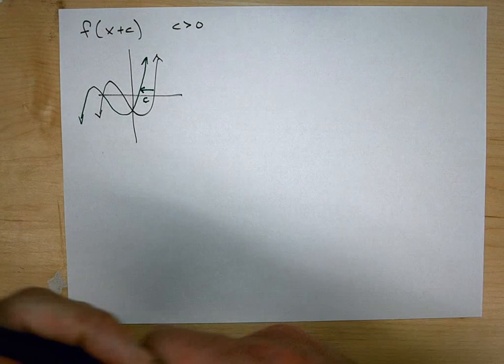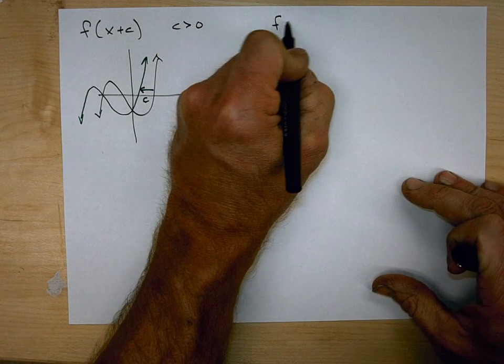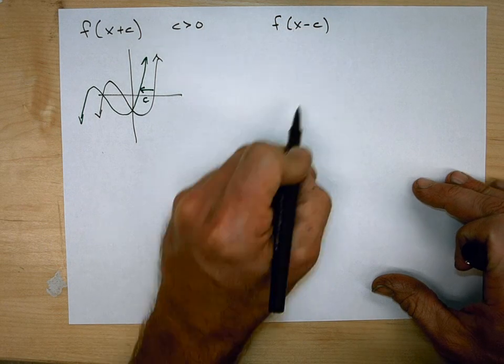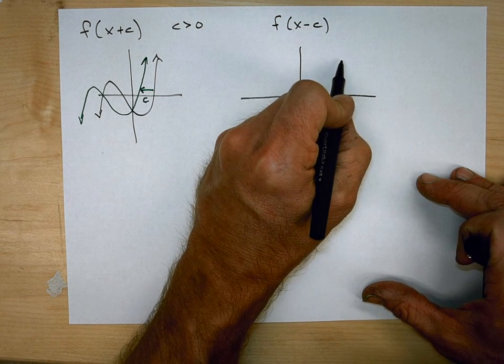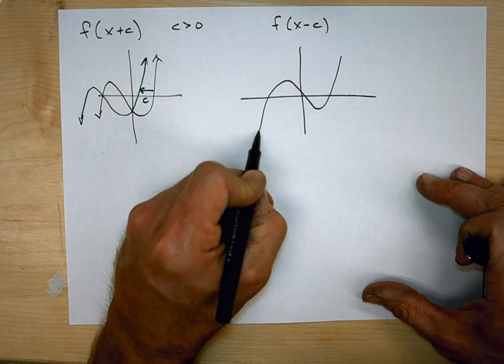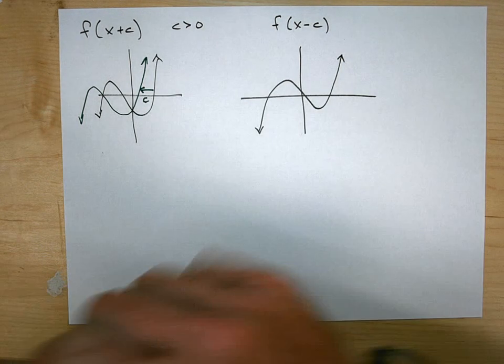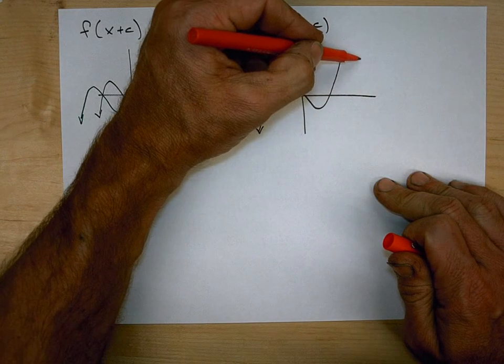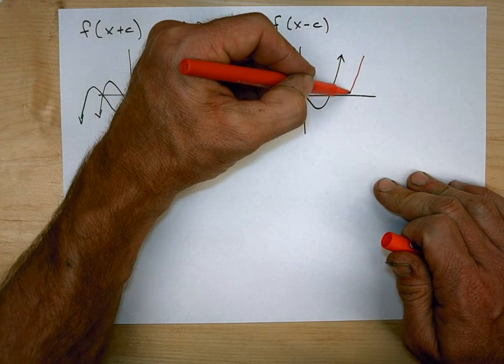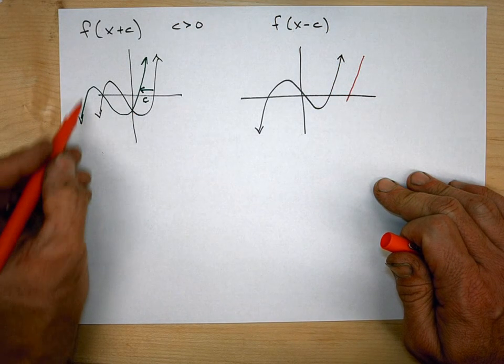If I have f of x minus c, then again I could have something like this, and in that case I would get shifted over to the right. Did I say to the left here? I think I did. But anyway, we shift to the left.